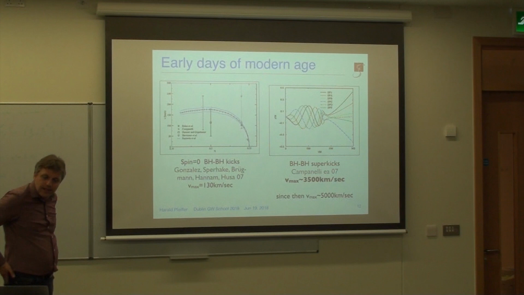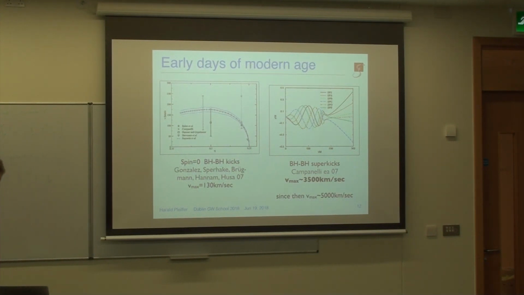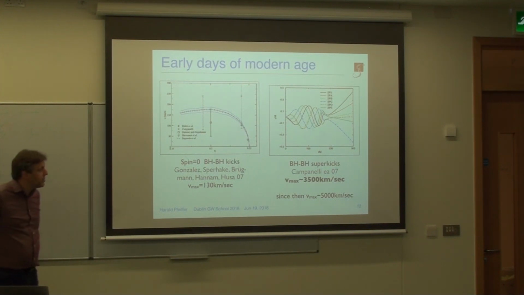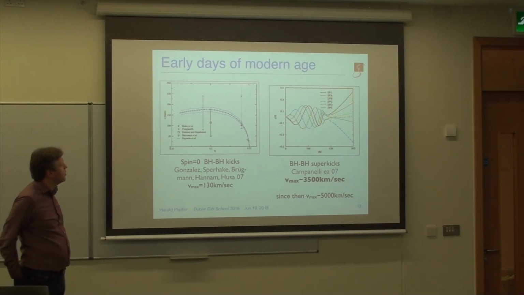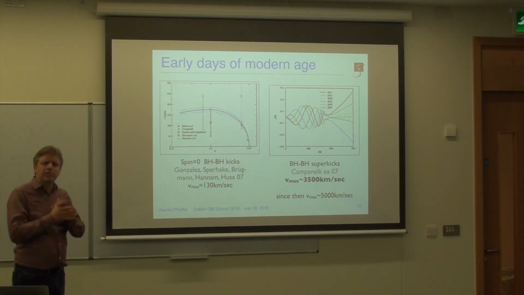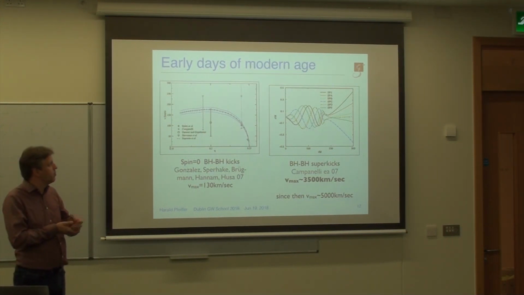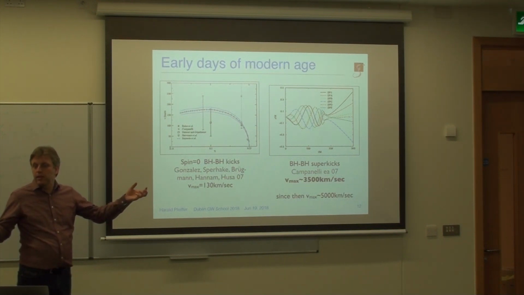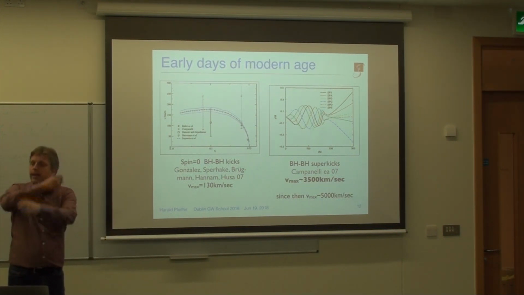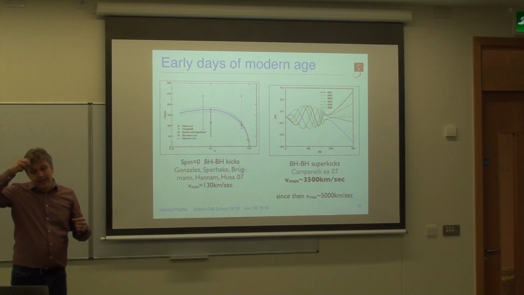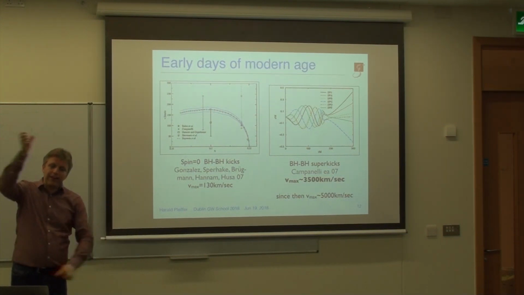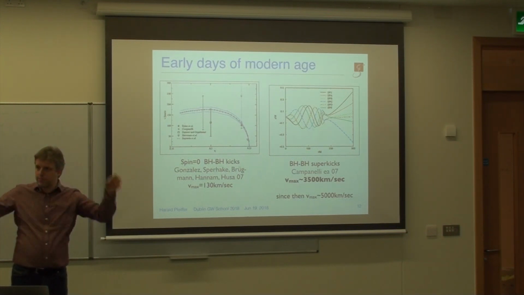In the early days, one of the things that was very quickly realized and then exploited widely were black hole kicks. So if you have an asymmetric binary black hole, say one black hole more massive than the other one, gravitational wave emission is asymmetric, and during the inspiral, these asymmetries tend to average out quite well as the system orbits around.